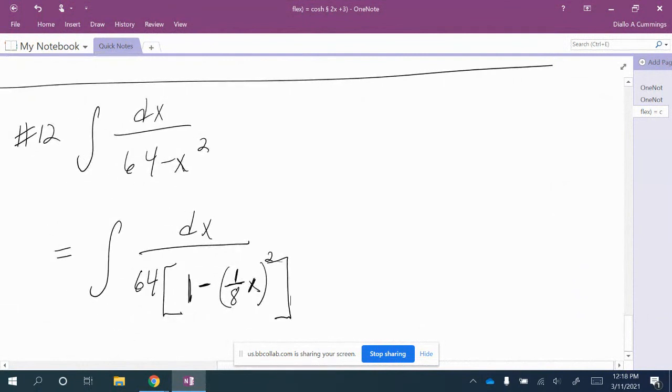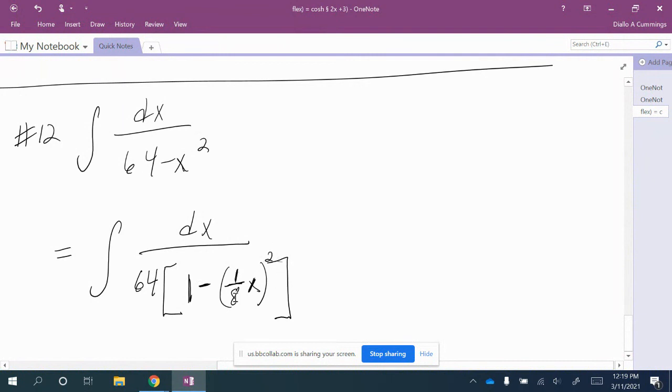So this is what I did. My intent was to put the denominator in the correct form, right? So notice how I played a trick on the denominator, but this is still one and the same. I just slightly rewrote it. If I were to distribute 64 times 1, that's still 64.